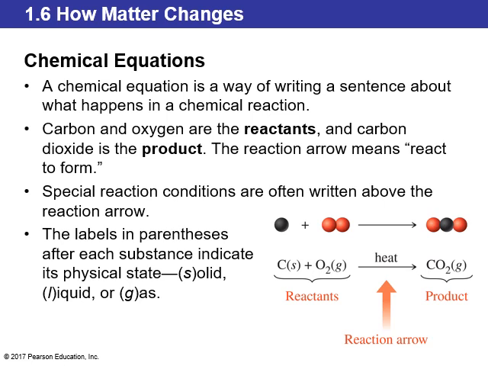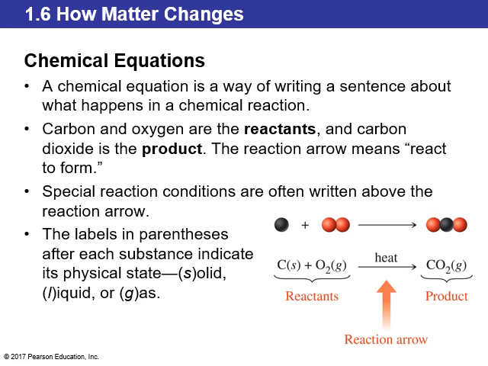For many reactions, though, we'll just have an arrow in a single direction, and that means this reaction just goes in this direction. It's very difficult to turn CO2 back into carbon and oxygen. Plants can do it with the help of sunlight and some enzymes, but chemically it requires a lot of energy, which plants get in the form of sunlight. So we have our reactants, our reaction arrow, and our product.